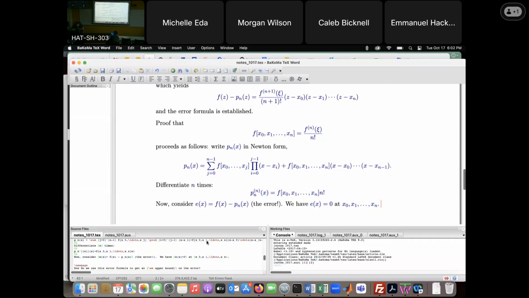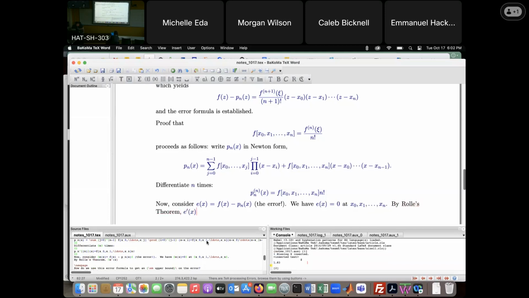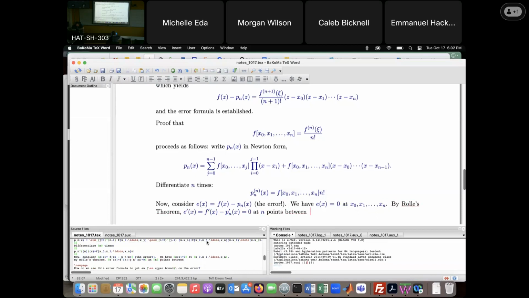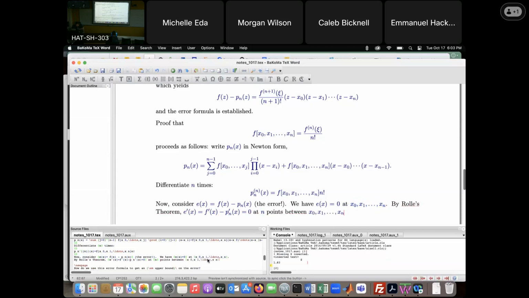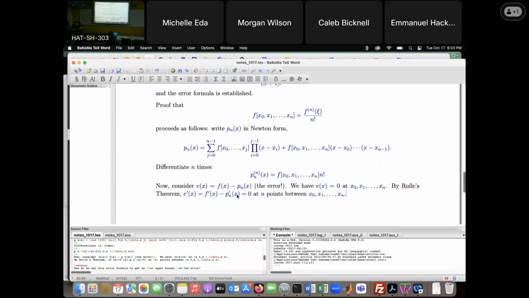So if I apply Rolle's theorem, the first derivative, f prime minus Pn prime, equals 0 at n points that are between the interpolation points. And all the interpolation points are distinct, so we have these n distinct points that lie in between them.